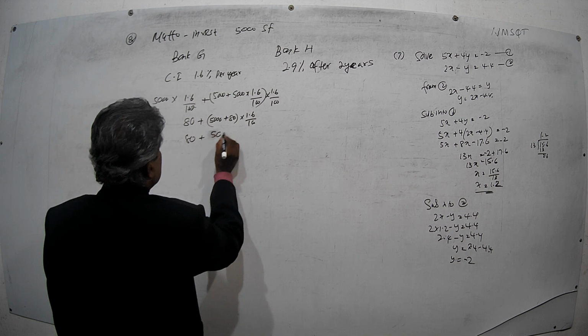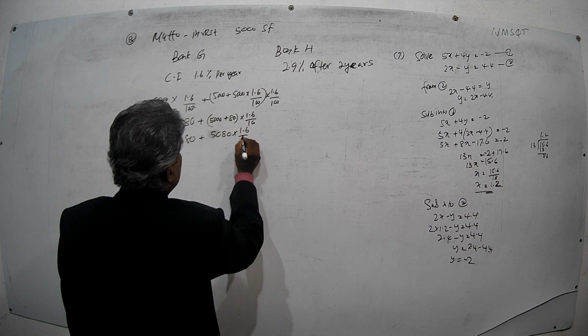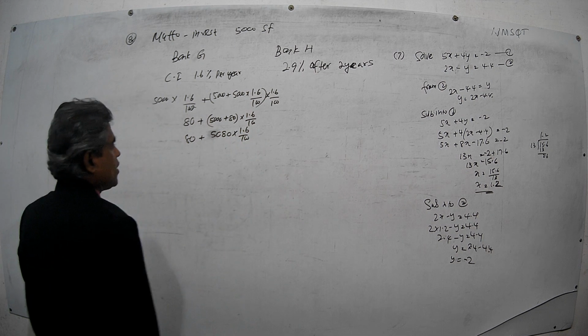5,080 into 1.6. Now we will calculate that.